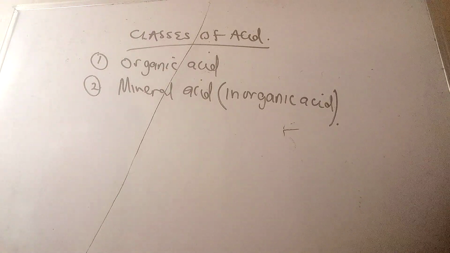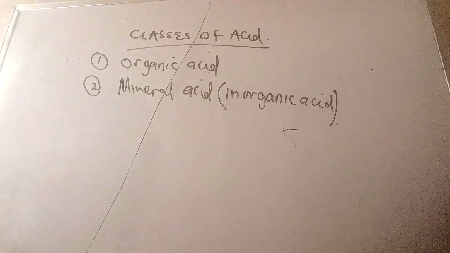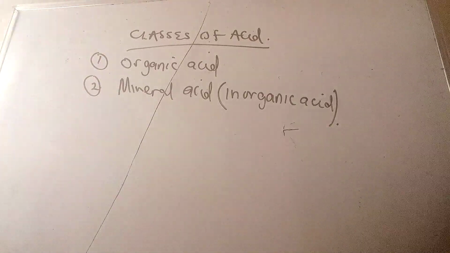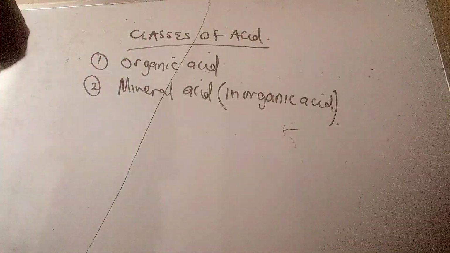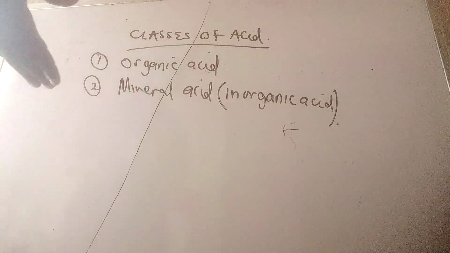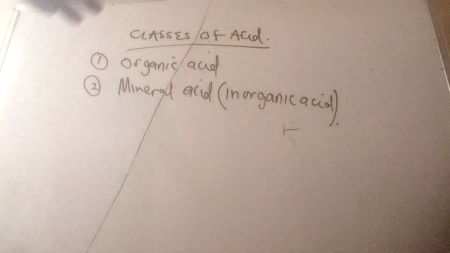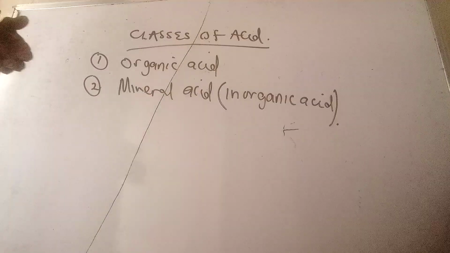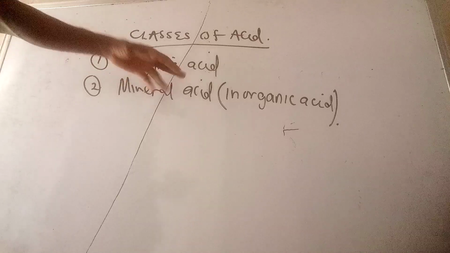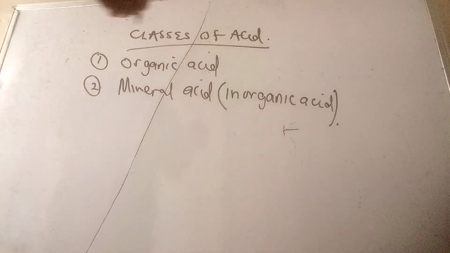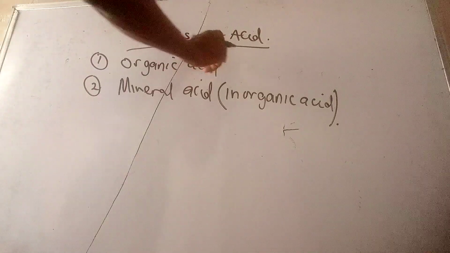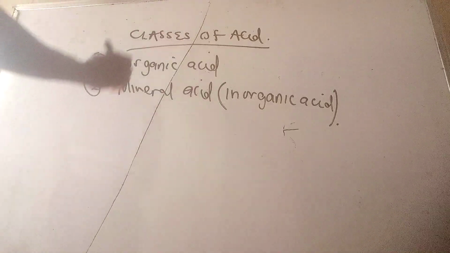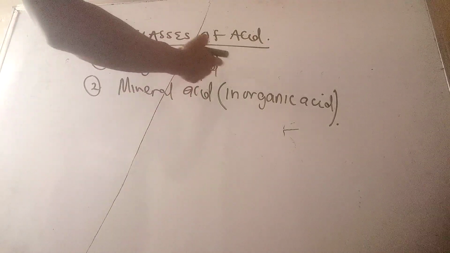Now, what do we mean by organic acid? Okay, the organic acids occur as natural products in plant or animal materials. Those are the ones we call organic acid. So organic acid occurs as natural product in plants and animals.